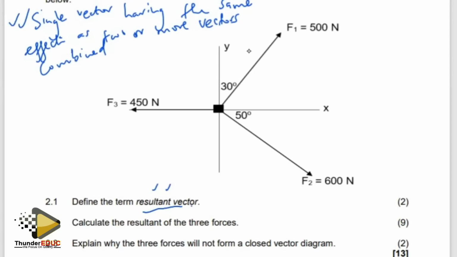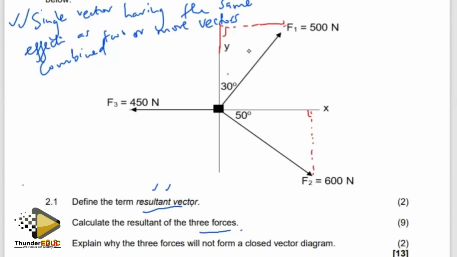Then they want us to calculate the resultant of the 3 forces. With this, we have to resolve the forces into components. So if I have this as a 30, let me create my triangle there so that it is right angled, so that is my 90.